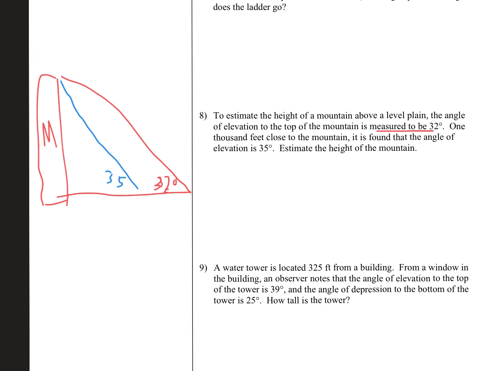That should say closer. Okay. So I'll label the 1,000 right here. But we just need to make sure we know that it's just from here to there is 1,000. Okay. So it says estimate the height of the mountain. With this information, we are going to be able to estimate the height of the mountain. I'm going to call that X.